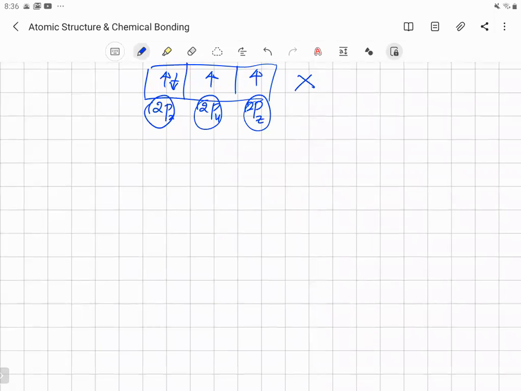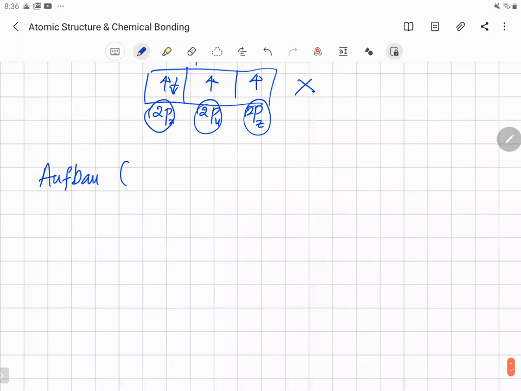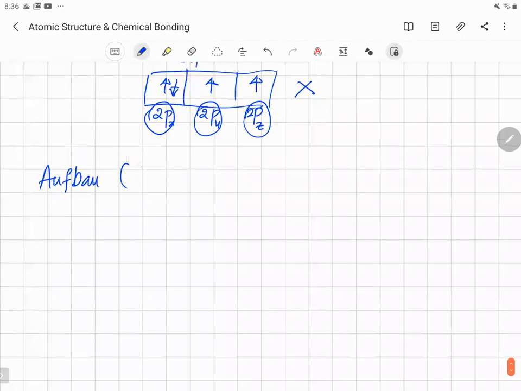Aufbau is not the name of a scientist, but it is a German word. It's actually pronounced as Aufbau, but we usually pronounce it as Aufbau principle, right? So it's a German word which means building up principle, building up.